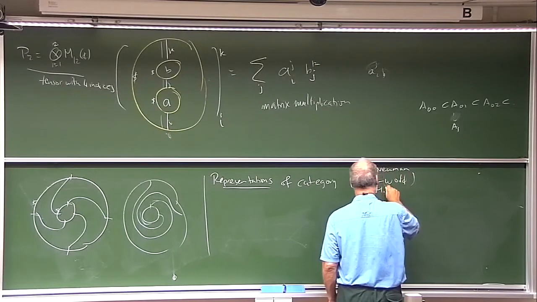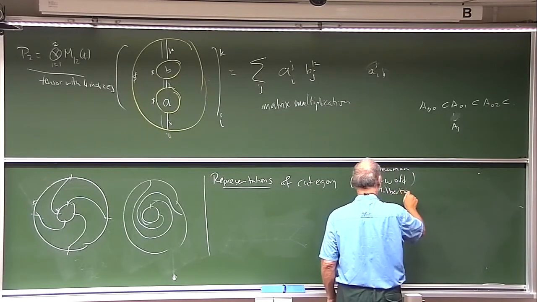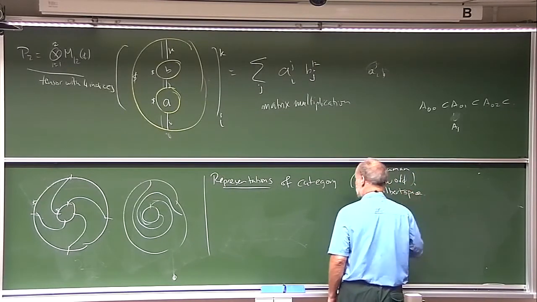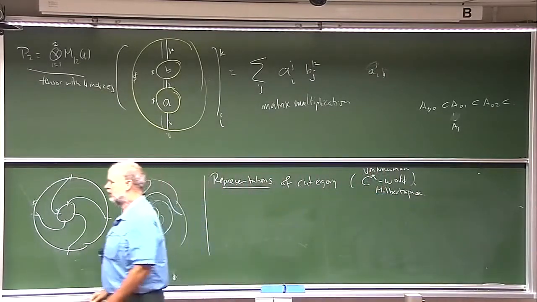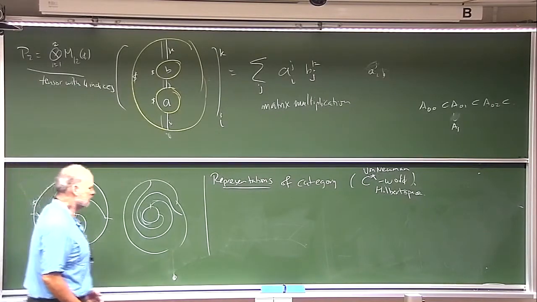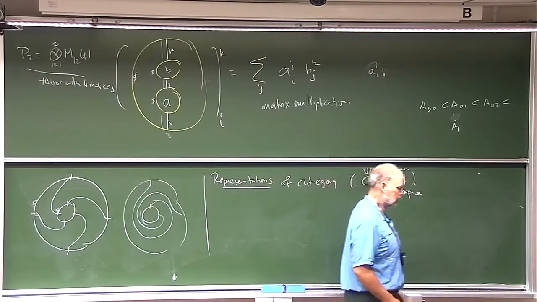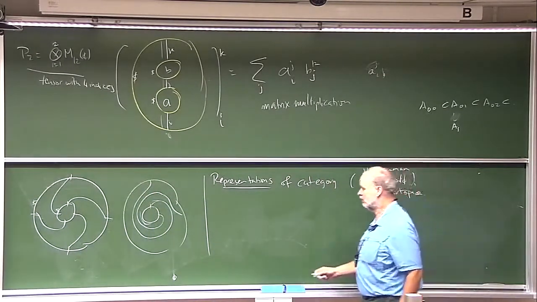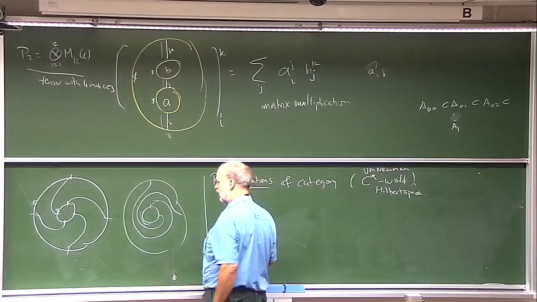Hilbert space. So by that I mean that I'm going to consider vector spaces, but I'm going to insist that all of my vector spaces be Hilbert spaces, finite-dimensional Hilbert spaces.